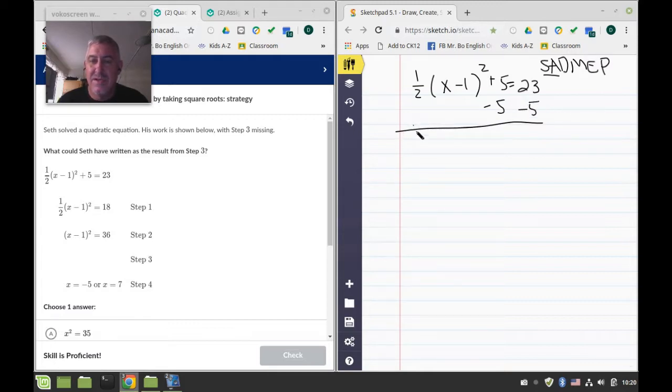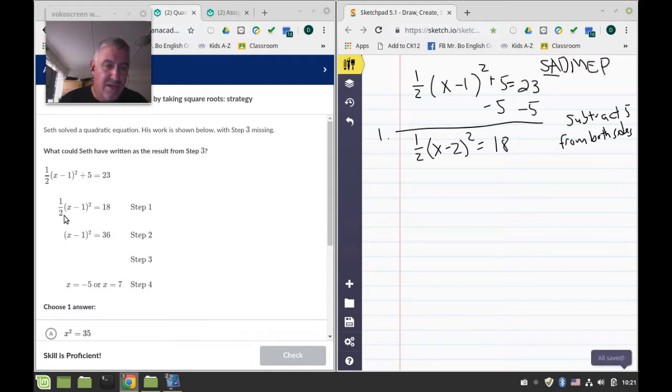So our step 1 is to subtract 5 from both sides. What do I have left? 1/2 of (x minus 1) squared is equal to 18, and over here 1/2 of (x minus 1) squared equals 18. Yay, we're on the right track.